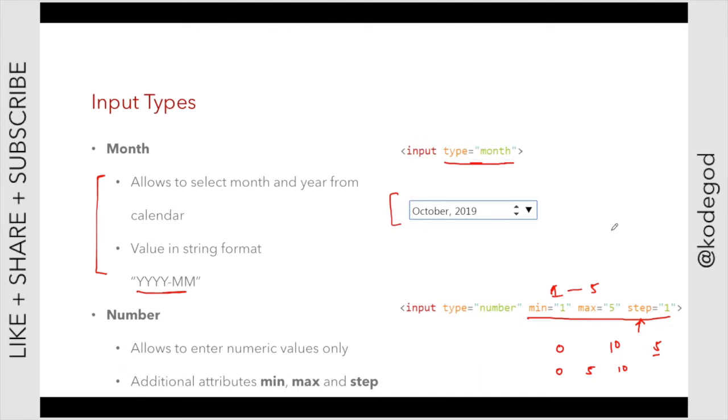Fairly easy to understand. And the most important point is that it allows you to enter numeric values only, okay. So in a way it restricts other characters from being inserted in this text value field. So this is one of the samples, this is how it is going to look, and you can use the up down control, or you can type in the numbers directly into this text box.